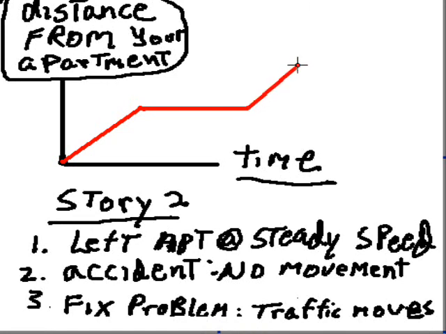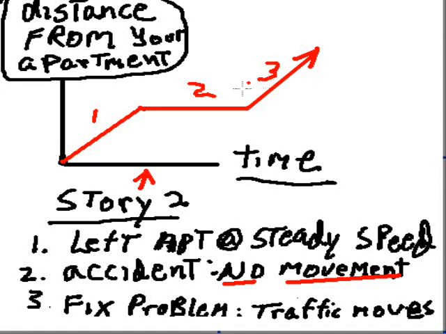And you begin to move also, again, to your job at a steady rate of speed. And that is this story. You left your apartment at a steady speed. Accident takes place on the road. No movement of traffic. Let me mark this. This is 1, this is 2, and then 3. They fixed the problem. Traffic moves again. You're moving away from your apartment.